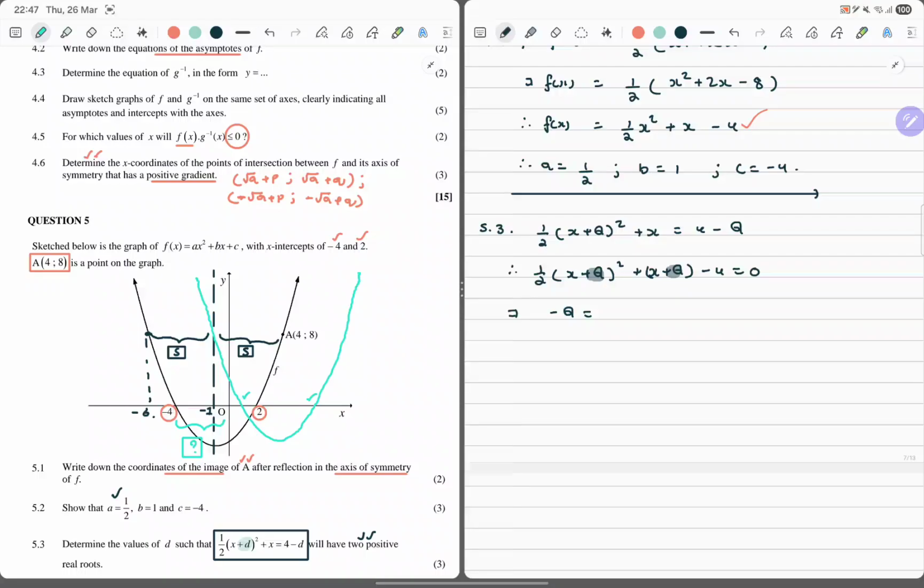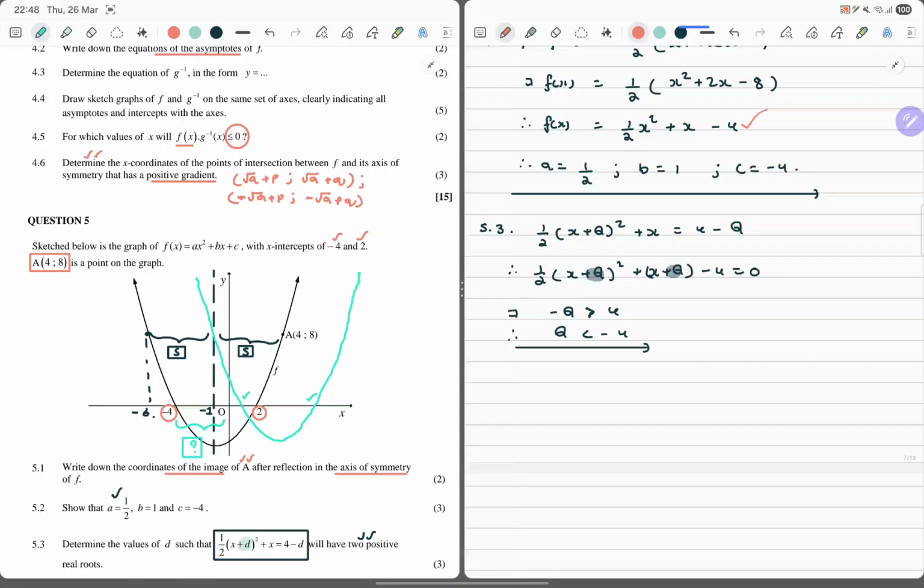From origin to minus 4 is 4 units. So we know that this has to be greater than 4 units. So therefore d must be less than minus 4. Obviously we know that d has to be a negative number, but a number that is less than minus 4, so that it can then move the graph to the right by more than 4 units. So that's it, guys.